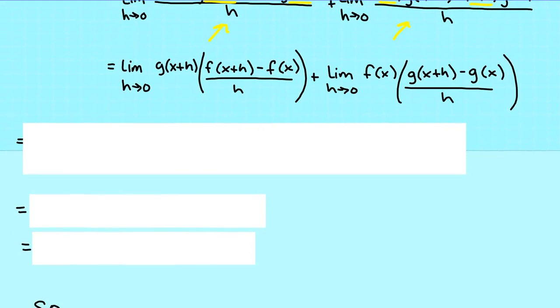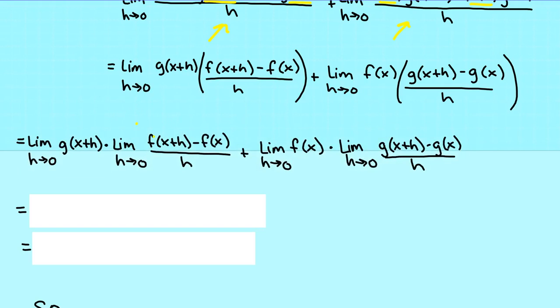Now we have some limit laws, which were the rules about how you can work with limits and split them up. And we just glossed over those at the beginning of the year. We didn't spend a lot of time, so you'll have to take my word for it on the next step. There we go. You can ignore those yellow dots.